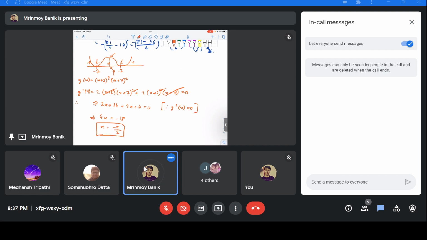What am I doing? Yeah, so minus 9 by 2. So now we know like this thing looks like this: this is minus 9 by 2, this is minus 2, and this is minus 7.